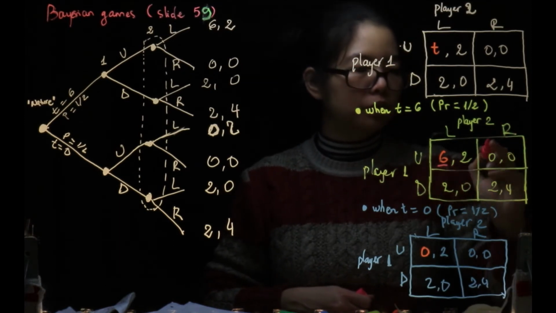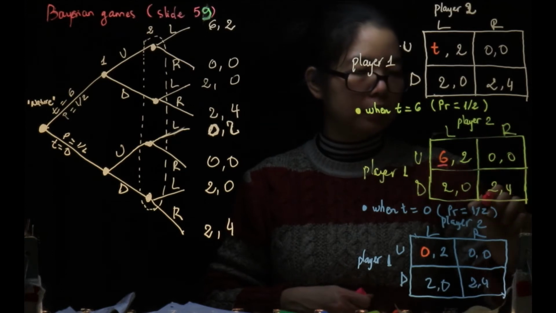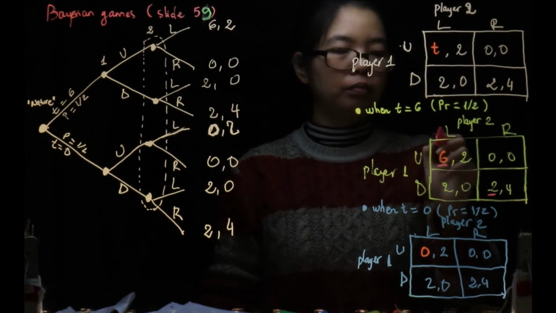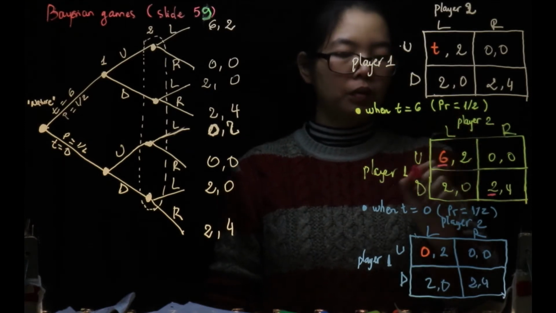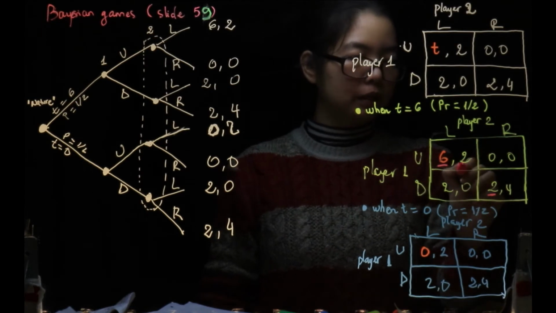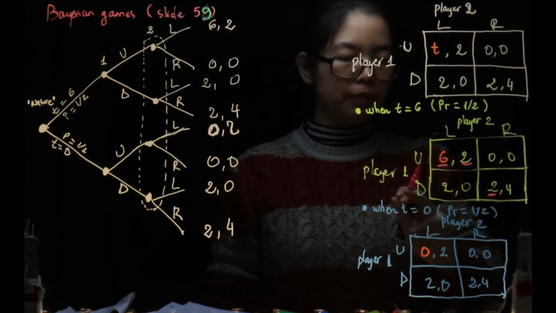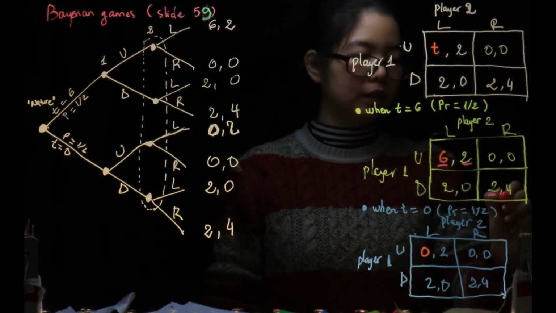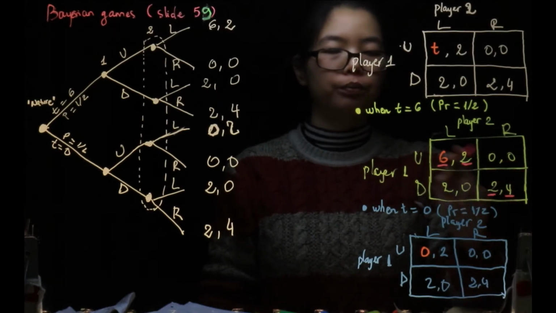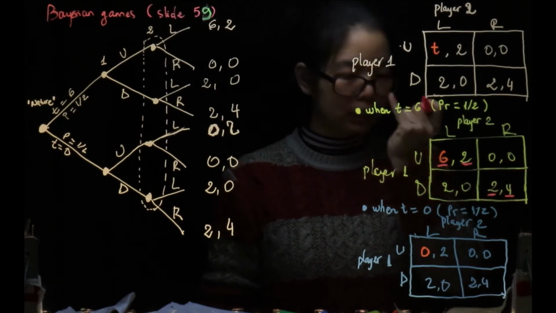And if player 2 plays right, then the best response is down. Now turn to player 2. When 1 plays up, then he should play left. When 1 plays down, then he should play right. So there are 2 Nash equilibria when t equals 6.